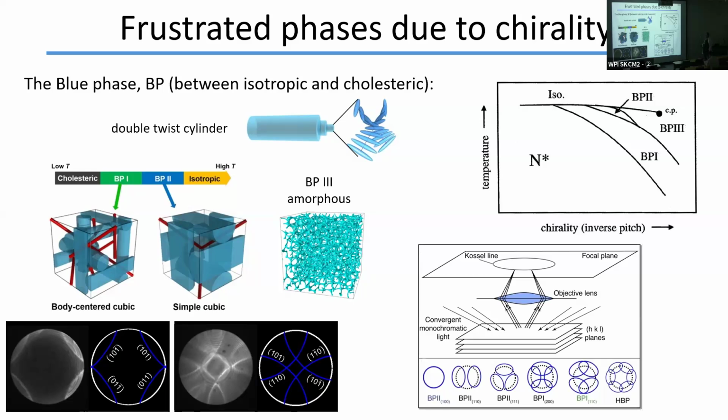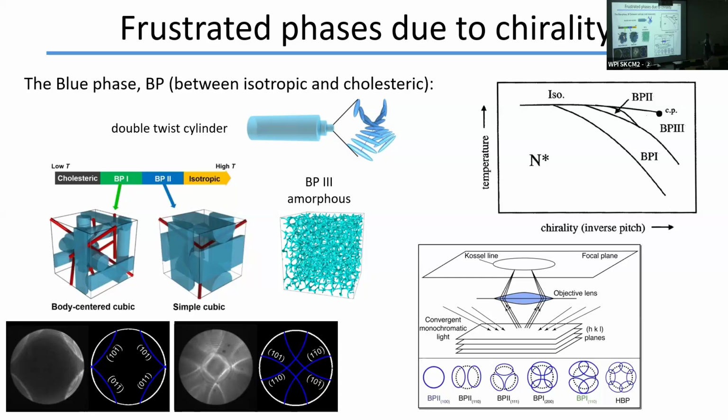And if you come from, let's say, the high end of your temperatures, there is an amorphous blue phase 3, which is also called the blue fog, and so on, which is a cubic phase, but only local. Right, so it's locally cubic, but the cubes don't really know what the other cubes are doing. Further down, you get to a simple cubic phase of these double twisted cylinders and the body-centered cubic phase.